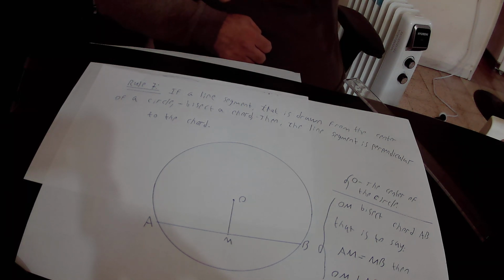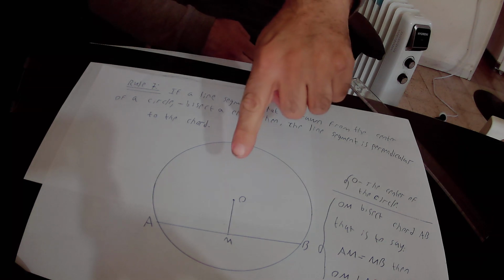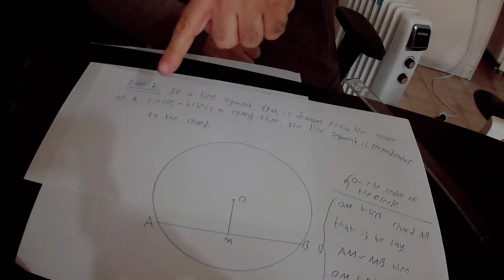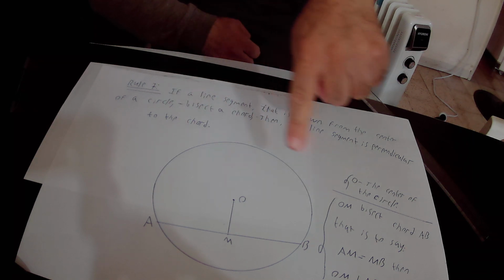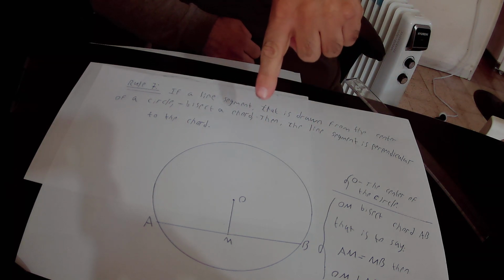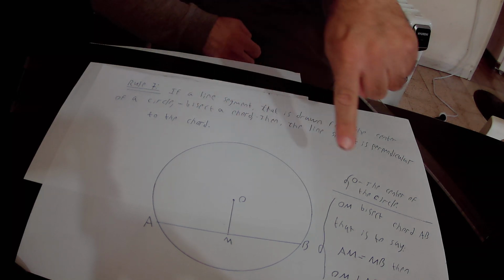Therefore, according to rule number 7, OM will also be perpendicular to AB. Why? Because OM bisects AB, therefore OM will also be perpendicular to AB.